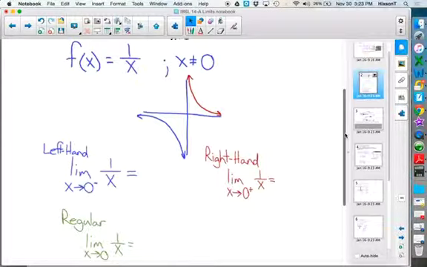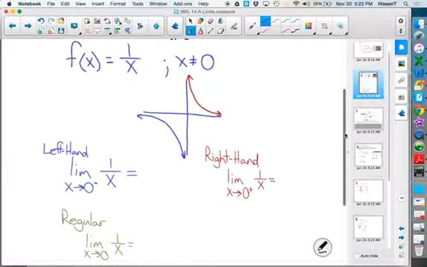Now I told you it doesn't have to be defined at that point. Here the function is not defined at 0, but what happens as we approach from the left-hand side? Our function approaches what from the left-hand side? As we get closer to 0, negative infinity.